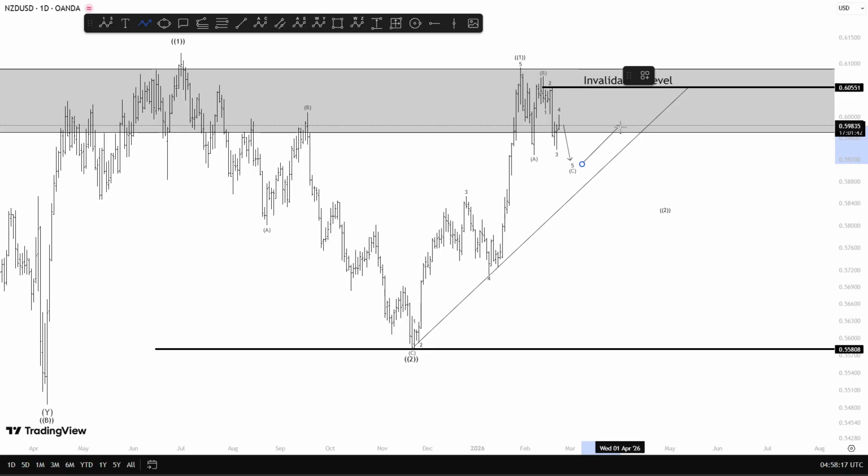We have corrective structure, then we will test this resistance and break out of the trend line. Okay, this is what we will expect, which will make it a WXY, right? WXY.